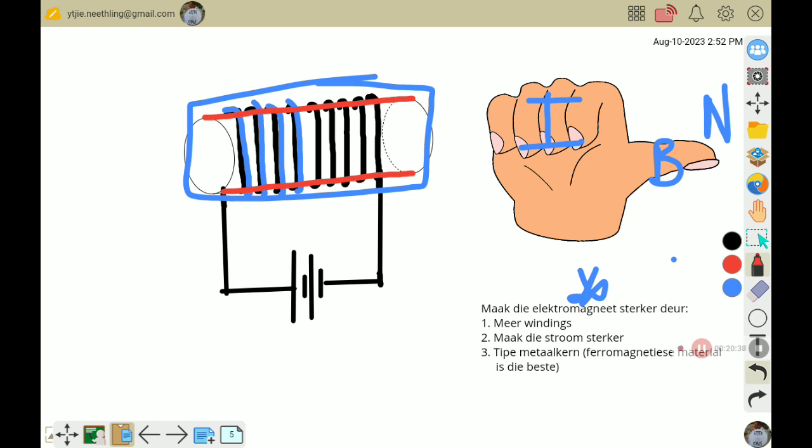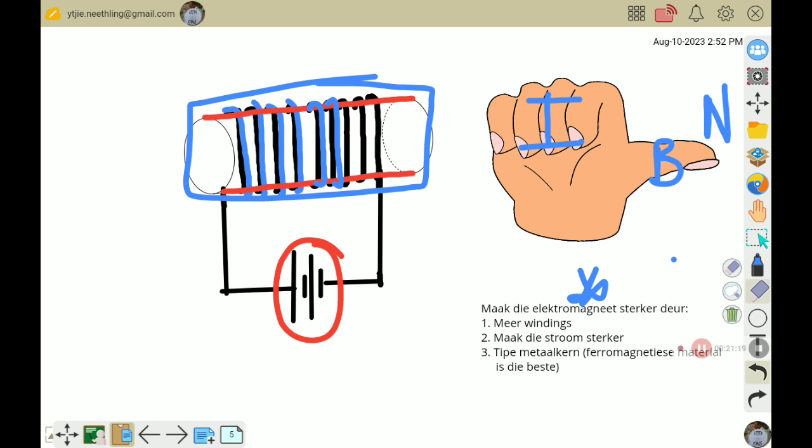Okay, so if we use a ferromagnetic material, iron, cobalt and nickel, those are your best 3 kernels. Other metals will also work, but it will not be as strong as, for example, iron. Okay, so to make it stronger, we will use a ferromagnetic material. And you can make the current stronger, and you can put on more windings. So that copper wire that we turn around the kernel, you can make them more. Okay.